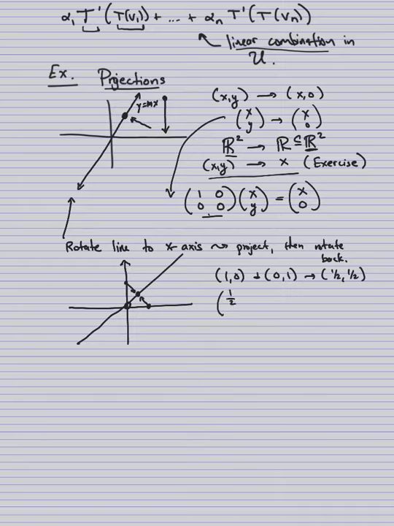So the matrix is just a matrix of all halves. It's also easy to see geometrically that when you project to the diagonal, you are sending the point (x, y) to the midpoint of your x-coordinate and your y-coordinate.